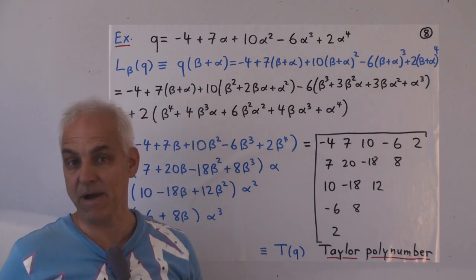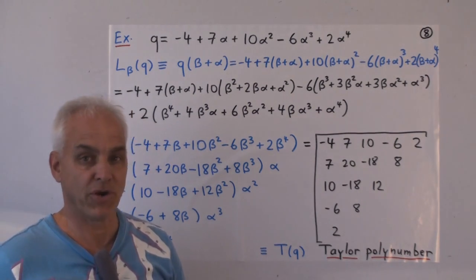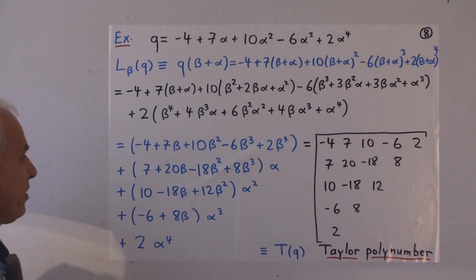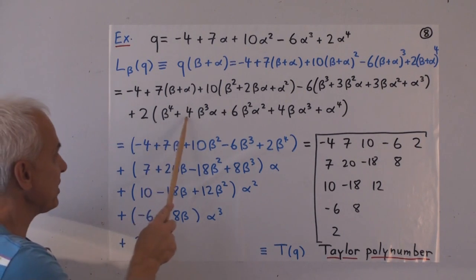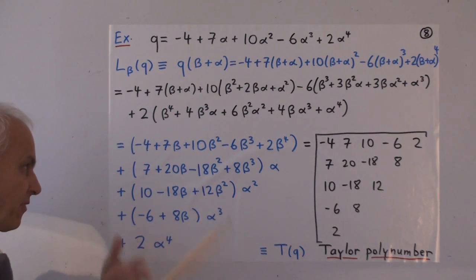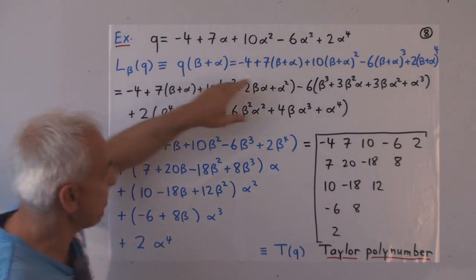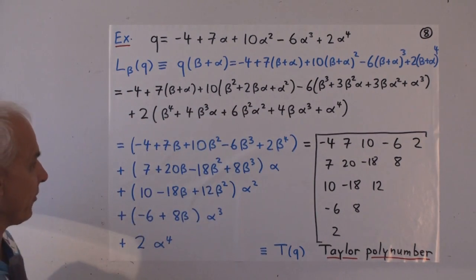So I hope you recognize the binomial theorem there. You can have a look at the earlier lecture on the binomial theorem if that's unfamiliar. The coefficients here are the binomial coefficients formed by Pascal's triangle or Pascal's array. Okay, so our job is to expand this out and collect terms.